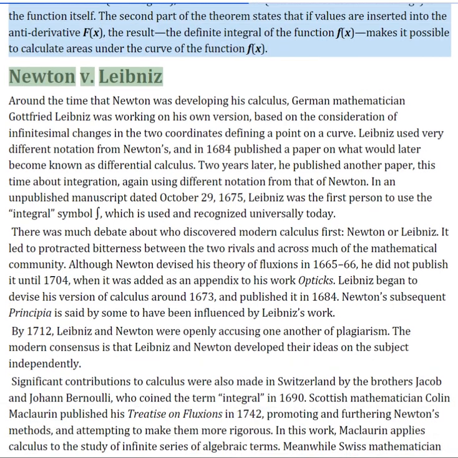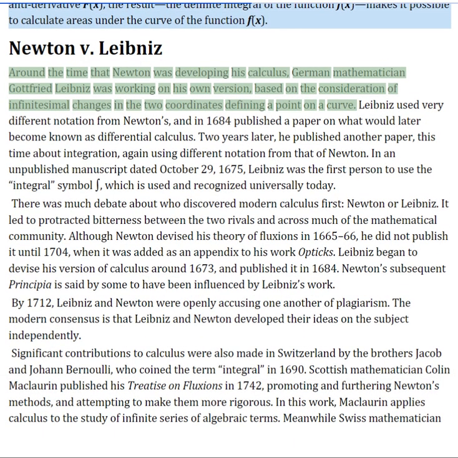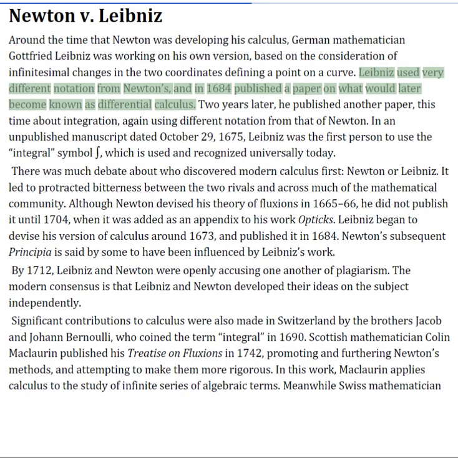Newton versus Leibniz. Around the time that Newton was developing his calculus, German mathematician Gottfried Leibniz was working on his own version, based on the consideration of infinitesimal changes in the two coordinates defining a point on a curve. Leibniz used very different notation from Newton's, and in 1684 published a paper on what would later become known as differential calculus.